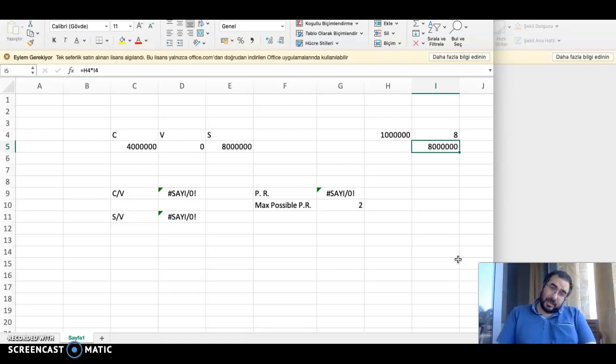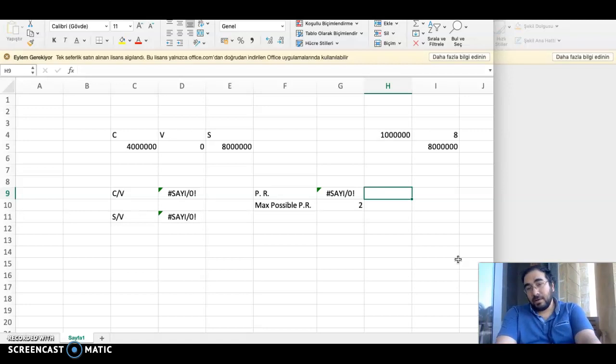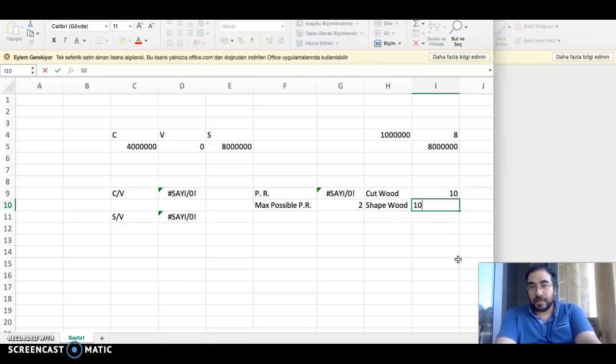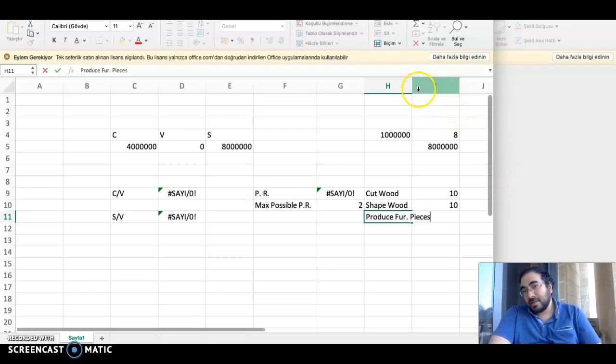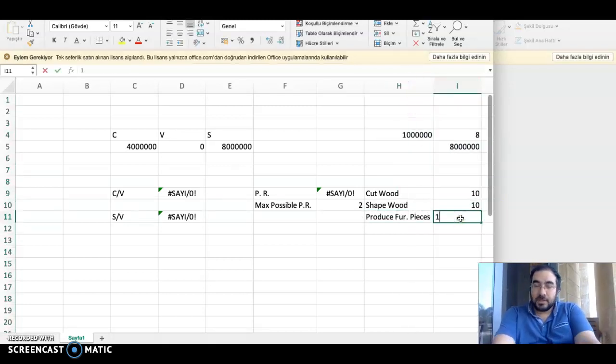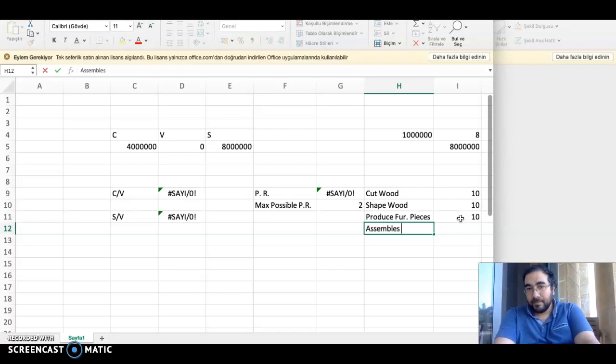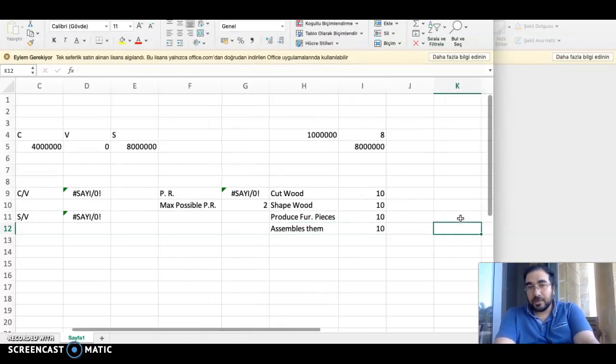To understand this, let's make a thought experiment. Let's say we have one company that is cutting wood, and to cut wood it uses 10 labor hours, and then it shapes wood, for which it uses a further 10 labor hours, and then it produces pieces of furniture, which uses a further 10 labor hours, and then it assembles them, for which it uses a further 10 labor hours.